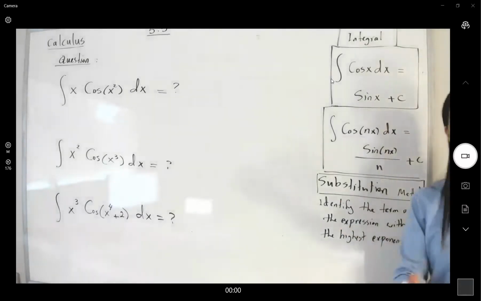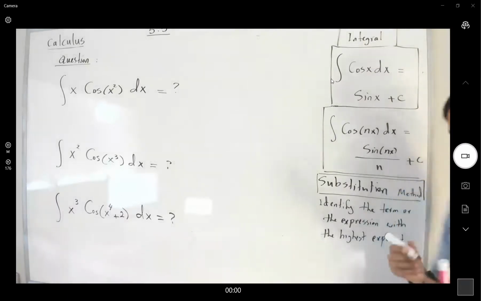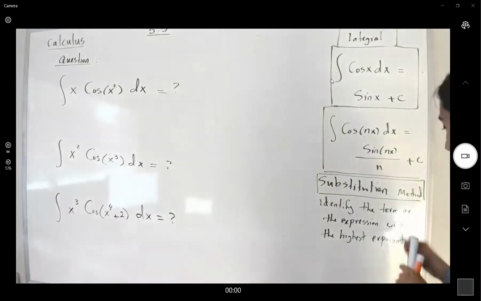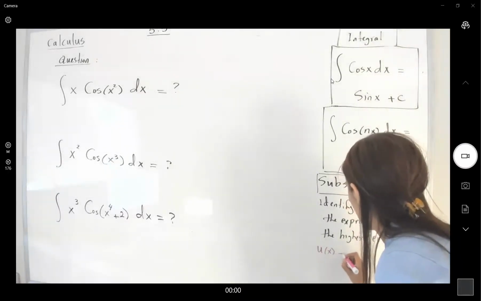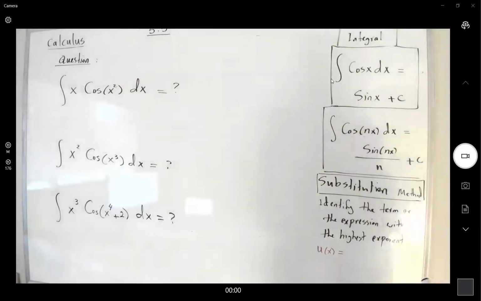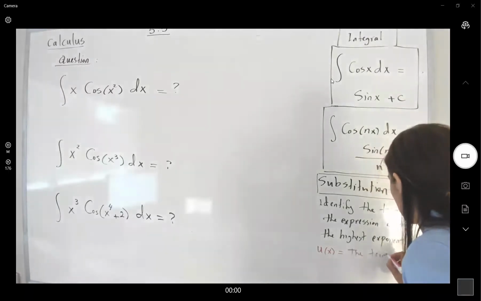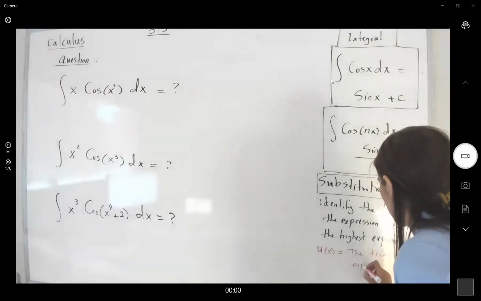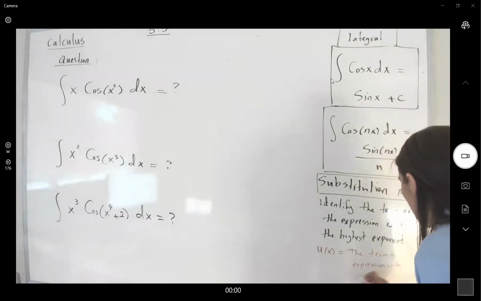Then that term or that expression is your u. So u of x is equal to that term or that expression with the highest exponent.